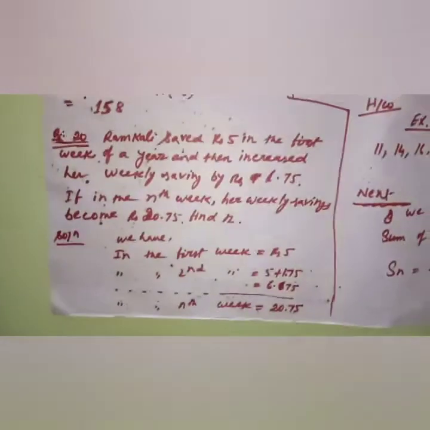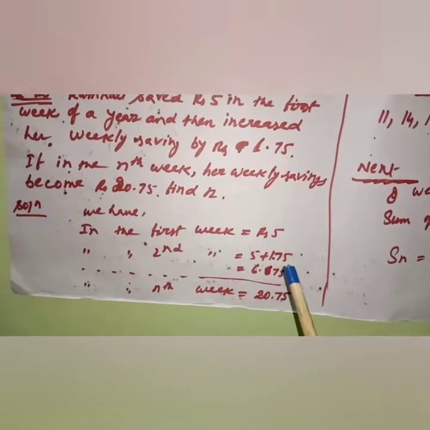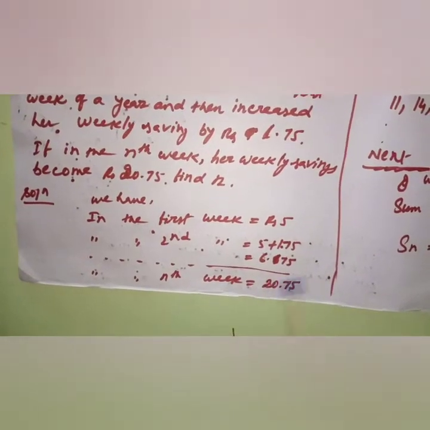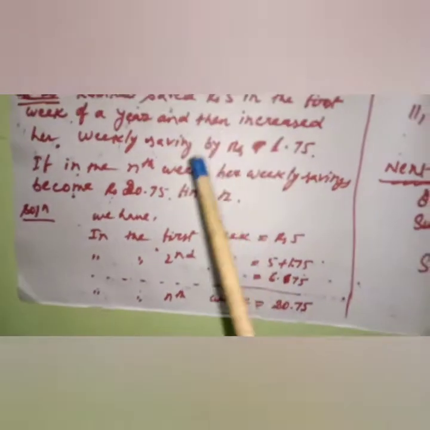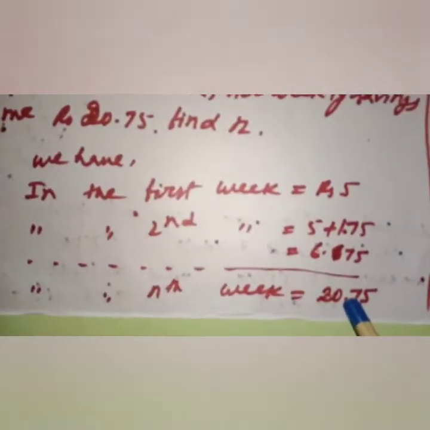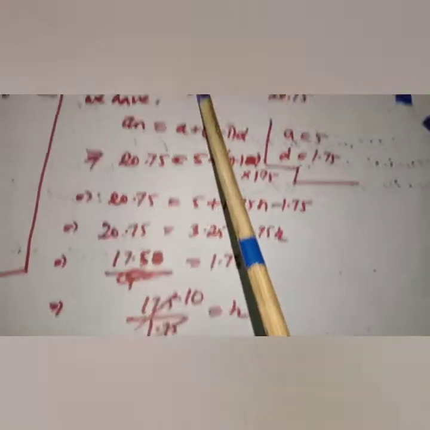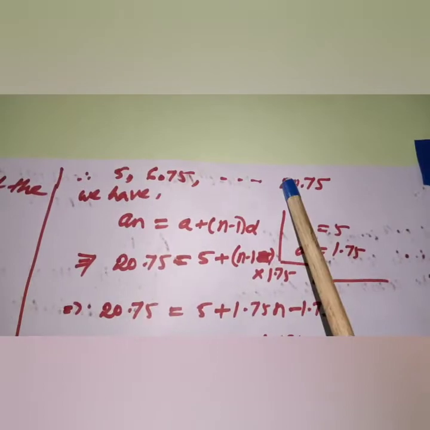Understood? So here you need to find n. In the first week rupees 5, second week 5 plus 1.75, 6.75, and so on. The nth week, that is the number of weeks, is 20.75. Understood? Next, this 5, 6.75, 20.75 forms an AP.